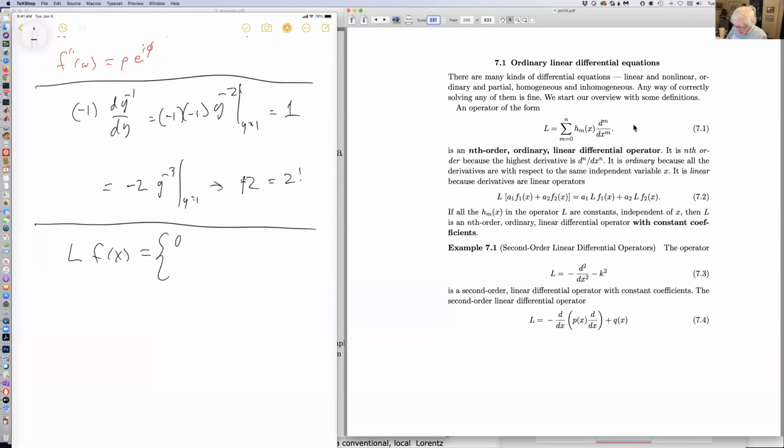Let me show you two cases, or equals s of x. This would be a source function, and we'd say that the differential equation is inhomogeneous, and this would be a case where the source function vanishes, and then the differential equation, we would say, would be homogeneous.